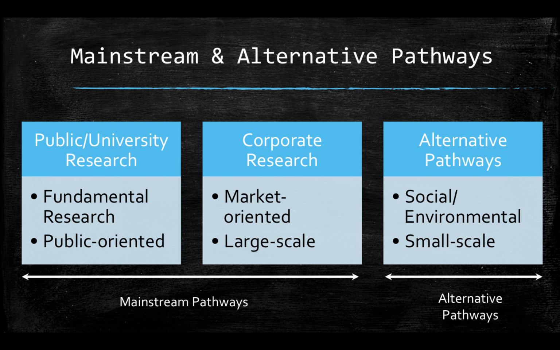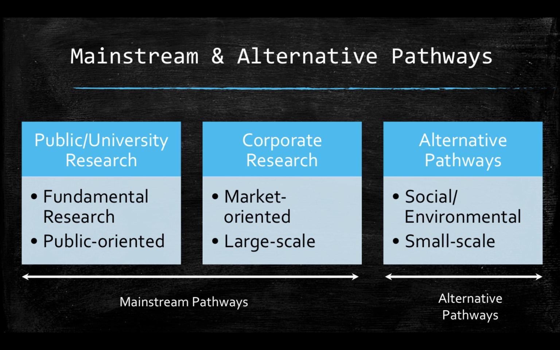So in the context of thinking about inclusive innovation, it's also important to bear in mind that there are multiple ways of trying to address the needs of these populations through mainstream pathways as well as through alternative pathways. Now, alternative pathways are what we're going to be focusing on primarily through the notion of social innovation.